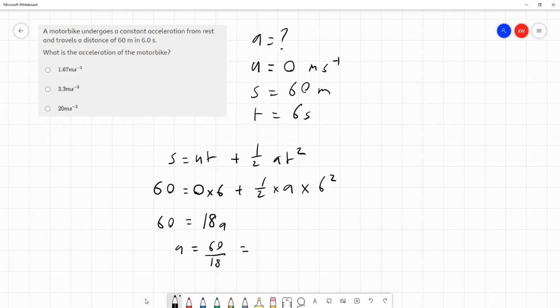And that, once we work it out in our calculator, is equal to, with a bit of rounding, 3.3 meters per second squared. And in this question, being multiple choice, we know what the options are. So yes, this is the answer to the question. So that's another example of how we use one of our equations of linear motion to solve a problem.